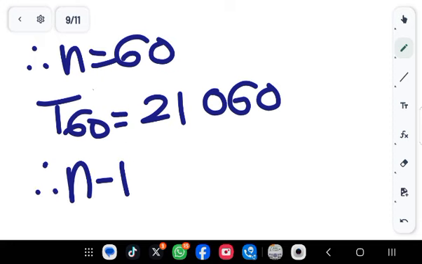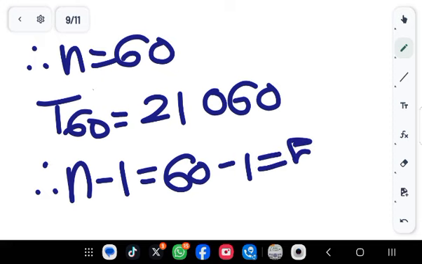So n minus 1 equals 60 minus 1, which is 59.